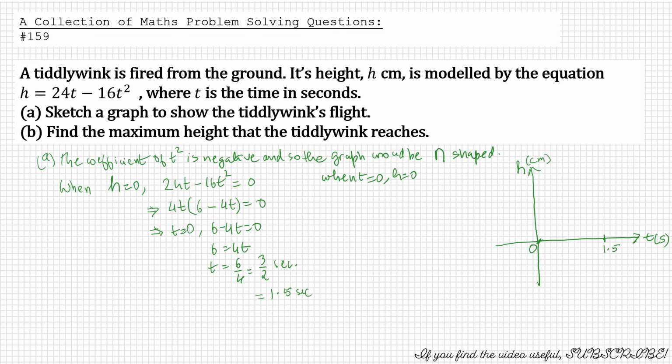Of course, we have to find the maximum height. The height would be maximum at the midpoint between 0 and 1.5. So we draw the graph first. I hope I can draw it well. It doesn't look great.